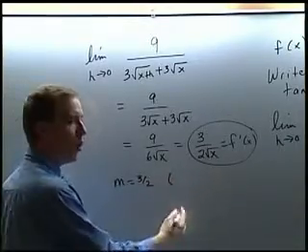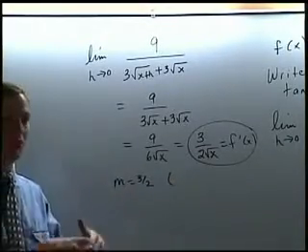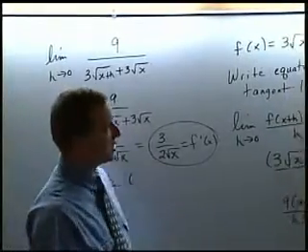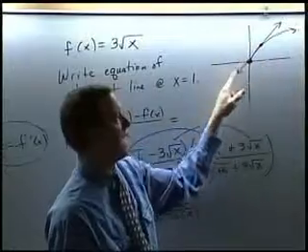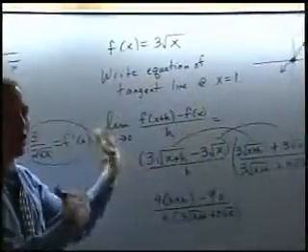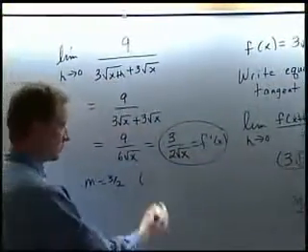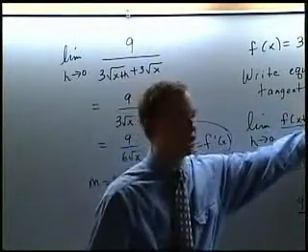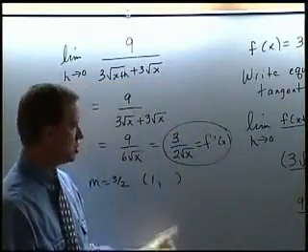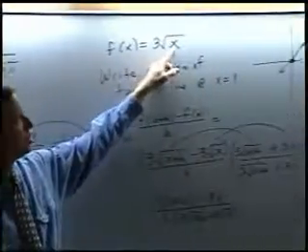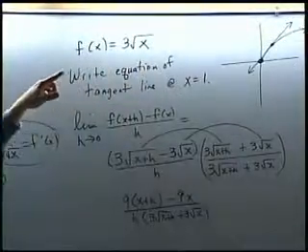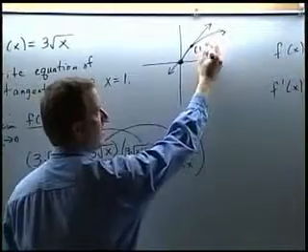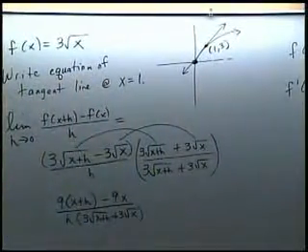Well, I need some ordered pair, whether it's the y-intercept or some other number. Well, I don't necessarily know the y-intercept on this graph. So I'm just going to go for some other point on this graph. I'm going to choose x equals 1 because that's the point that I'm concerned with here. If I substitute 1 into the original function, what do I get for a y value? 3. So in other words, this point that we are concerned with has the ordered pair 1, 3.